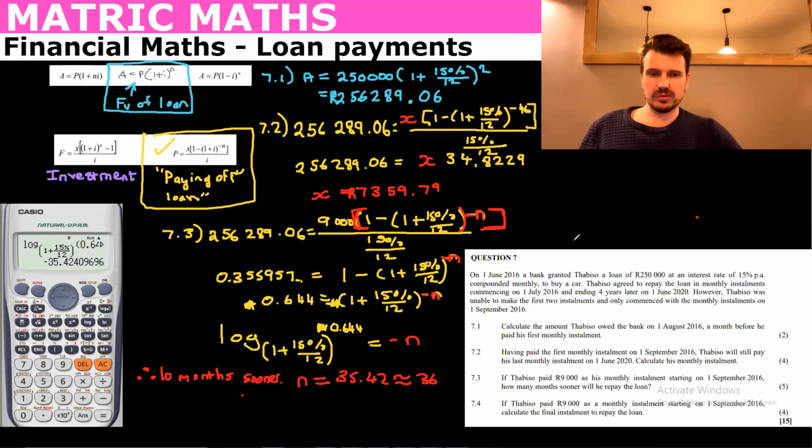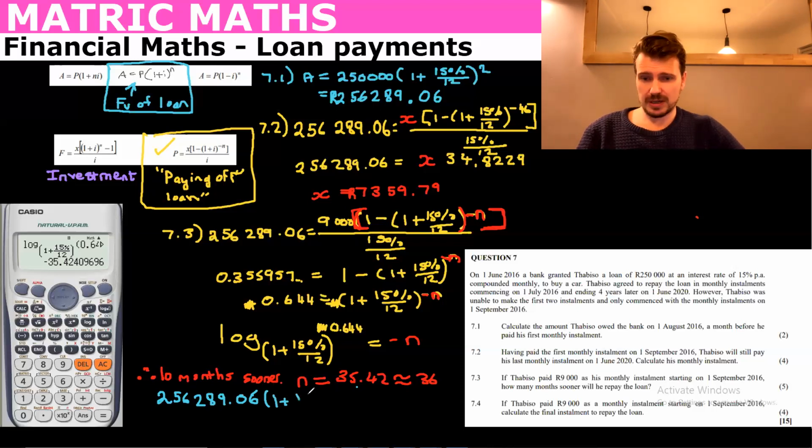So what we do is we get the loan amount, which was the future value of the loan in blue, and so that would be 256,289.06. And we find out, well, what is that going to be worth in 35 months? So when he makes the last payment, not the last payment, but the last full payment.